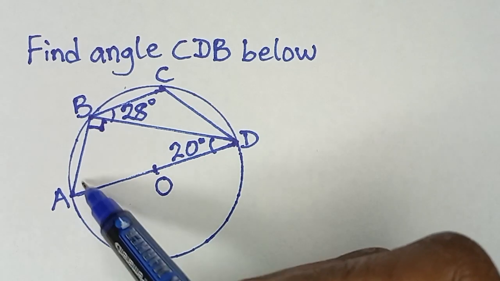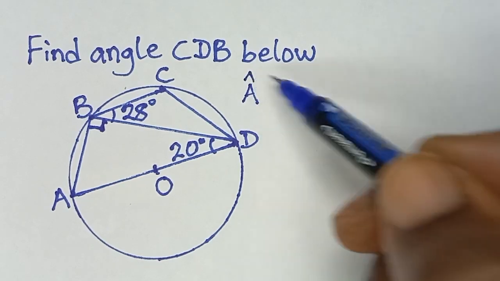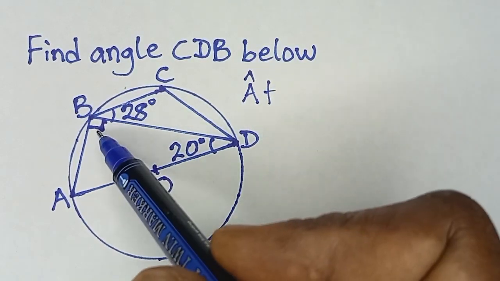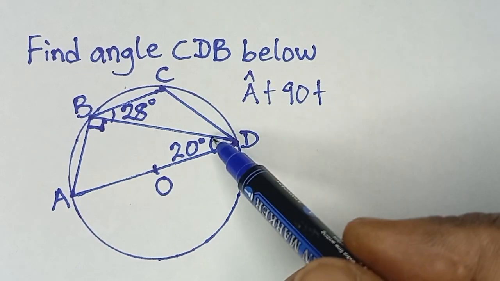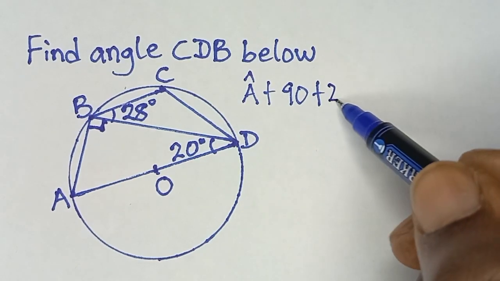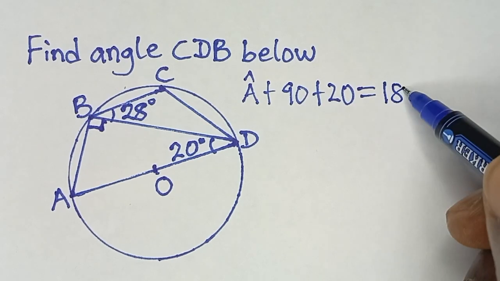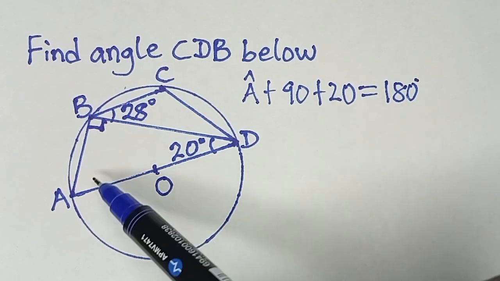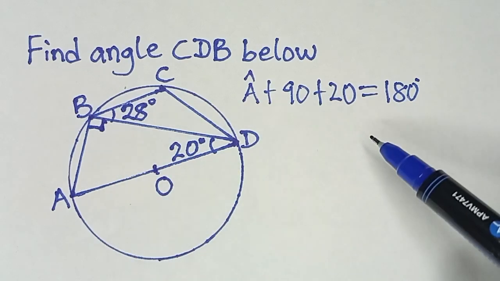And then from there we can find this angle A. So I can simply say angle A plus this angle 90 degrees and then plus this angle 20 degrees. The three of them together give us 180 degrees because the sum of angles in a triangle is 180 degrees.